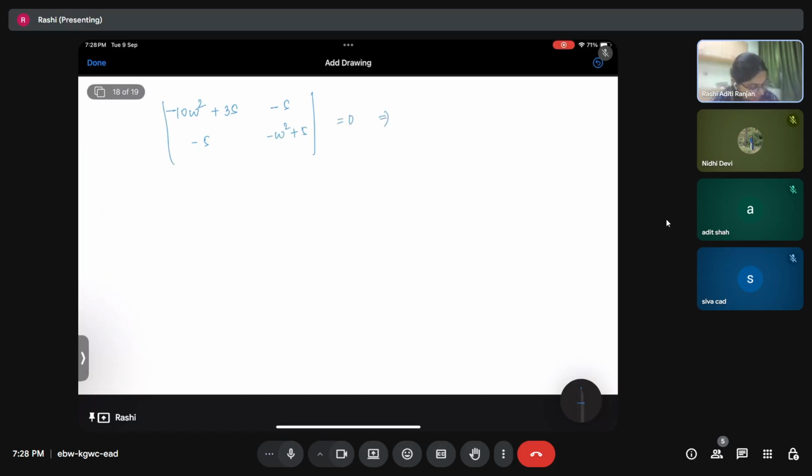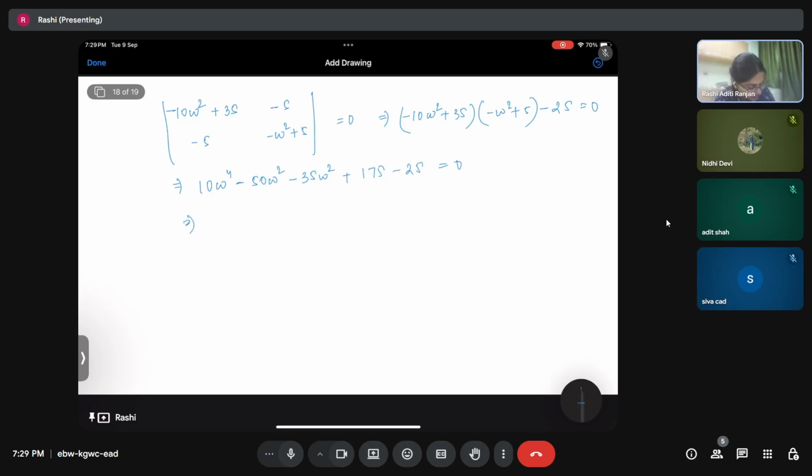This implies (10 omega square plus 35)(omega square plus 5) minus 25 is equal to 0, which implies 10 omega to the power 4 minus 50 omega square, then we have minus 35 omega square plus 175, I suppose, minus 25 is equal to 0.